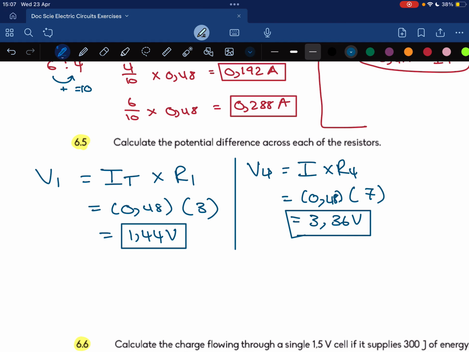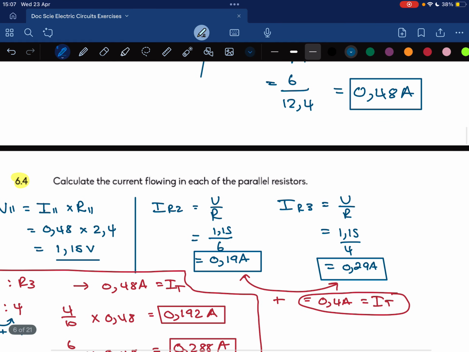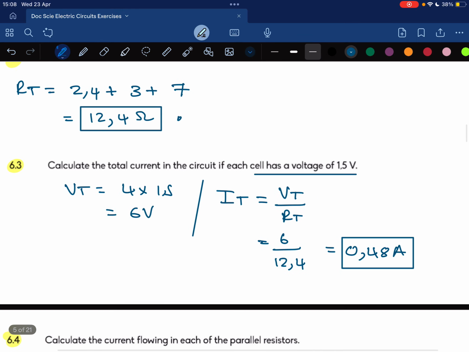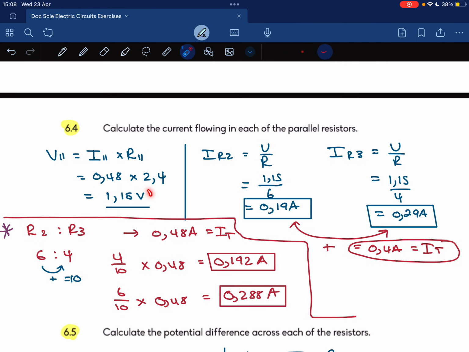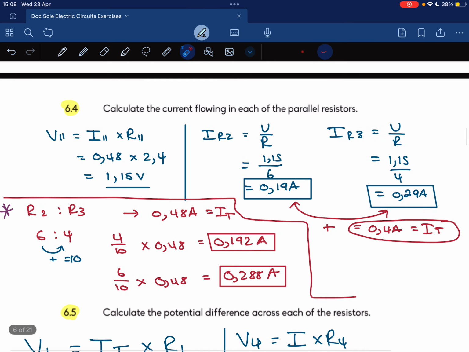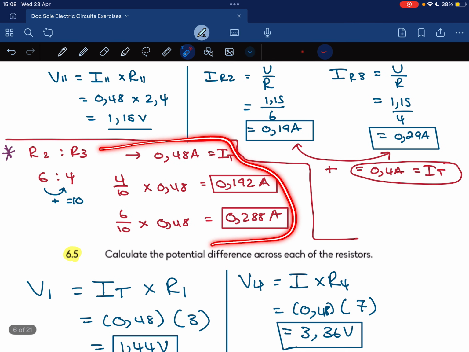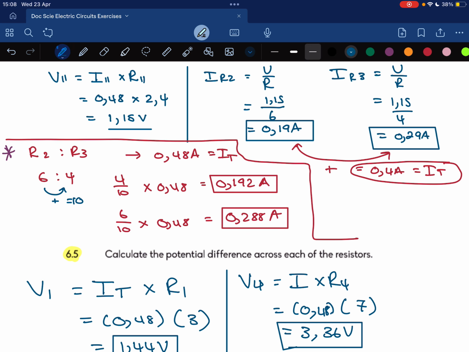Okay, then the voltage through the parallel component, we technically already found it here. So you don't have to necessarily do it unless you used this method, then you would have to calculate the voltage again.